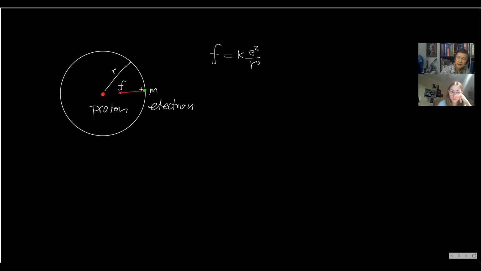That is the direction of the velocity. The centripetal force is equal to this Coulomb force. I use these two examples to explain that you can make objects do circular motion by using different forces to provide the centripetal acceleration.